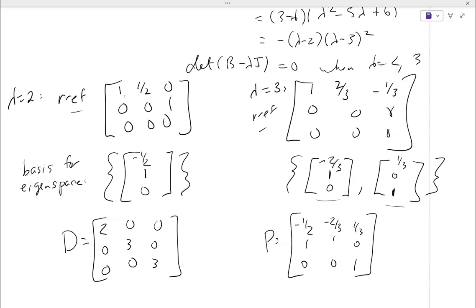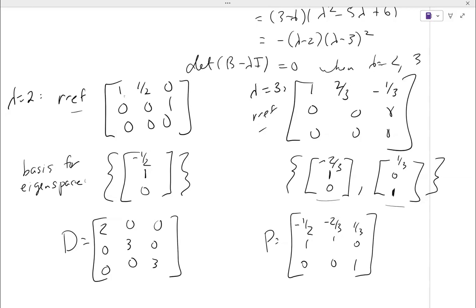You just need to make sure your first column is an eigenvector associated with 3, second with 2, third with 3, and it'll still work. Literally does not matter. Any questions on the process at all? Are we okay with finding eigenvalues, finding eigenvectors, placing them into matrices? Is this okay?